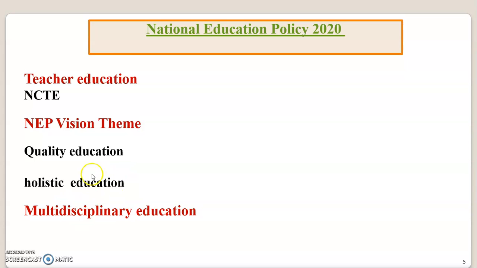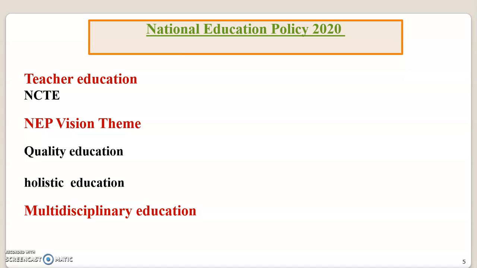It is suggested in the National Education Policy that all higher educational institutes be transformed into multidisciplinary educational institutes in 3 different categories. Number 1 is research universities, number 2 is teaching universities, number 3 is degree granting colleges.